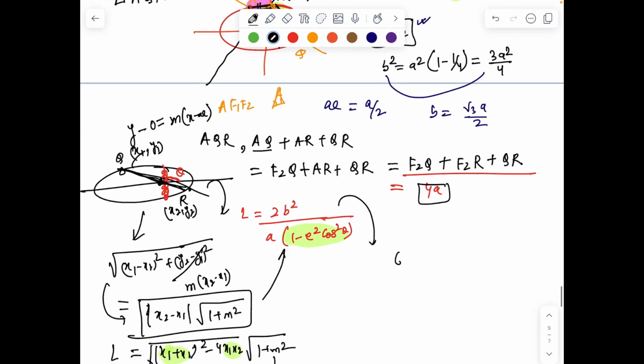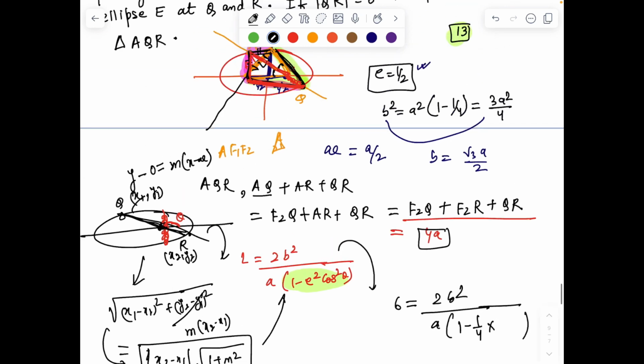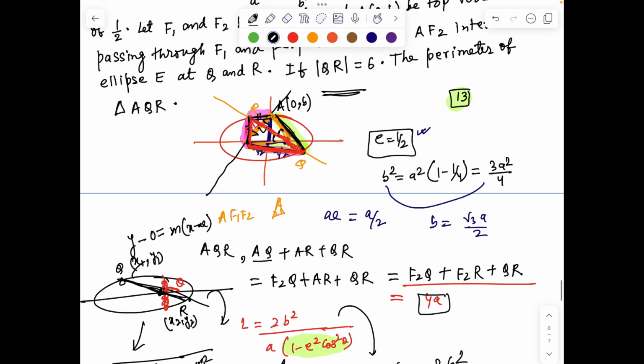So L is 6, since it's a focal chord, equal to 2b²/a times 1 minus e² cos² theta. The e value is half, so that goes to 1 by 4. Now what about the angle theta? Angle theta is also known, surprisingly, because these were equilateral triangles, so this semi-angle, this entire angle, this angle was 60 degrees, right?